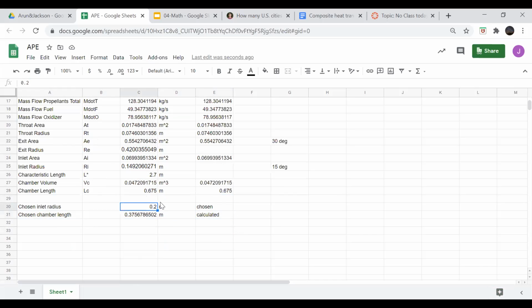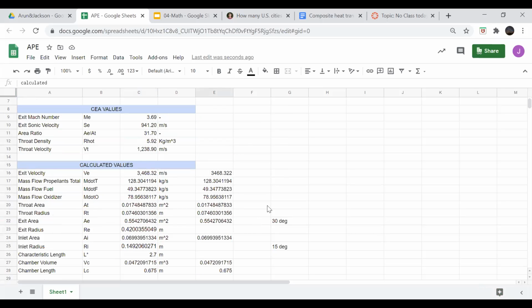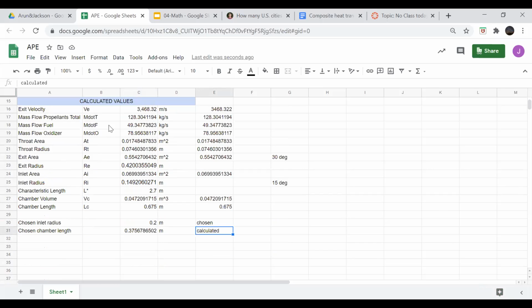We made it bigger. We just picked a random number that was greater than this one. And the actual chamber length we used was what is this, 37, just over a foot.